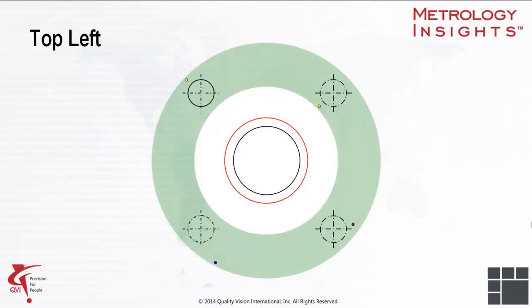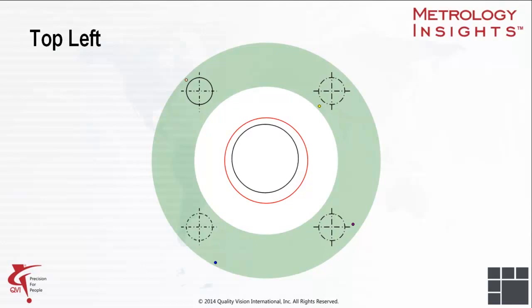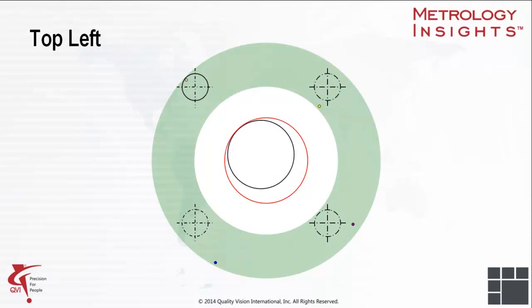Let us now consider what that means for each of the feature control frames. In order to get the axis as close to the crosshair of the top left tolerance zone as possible, we can translate in the XY plane. You can notice that when that happens, all other points are outside of their tolerance zone, but that does not really affect the top left hole results.